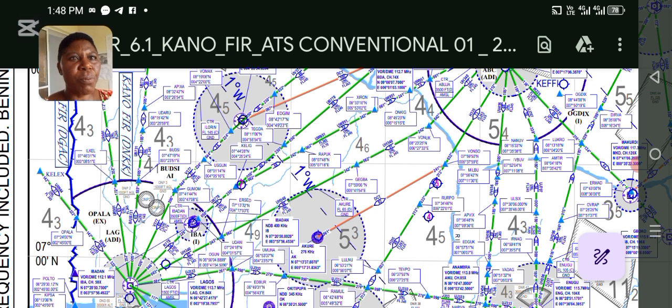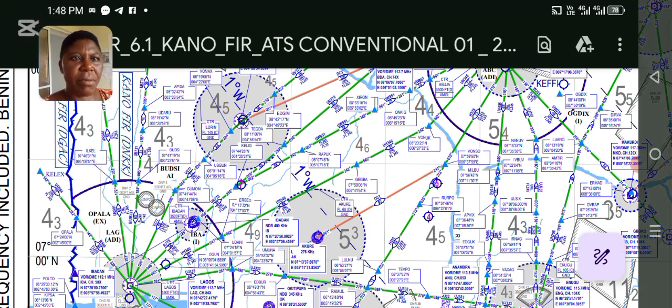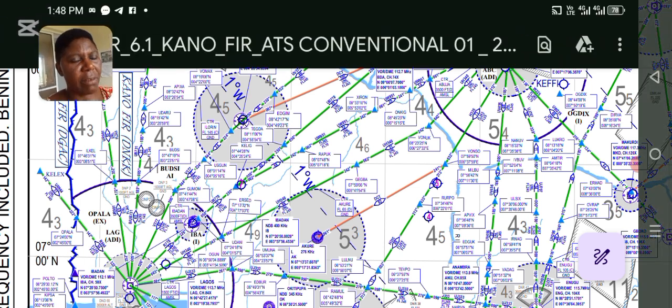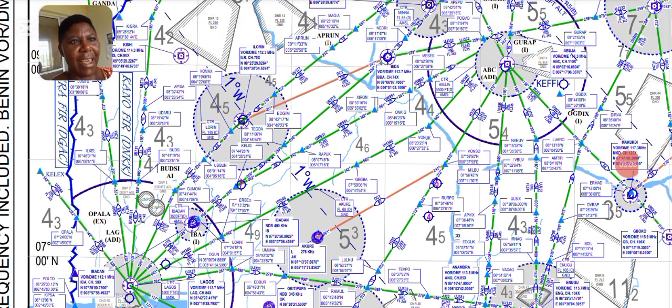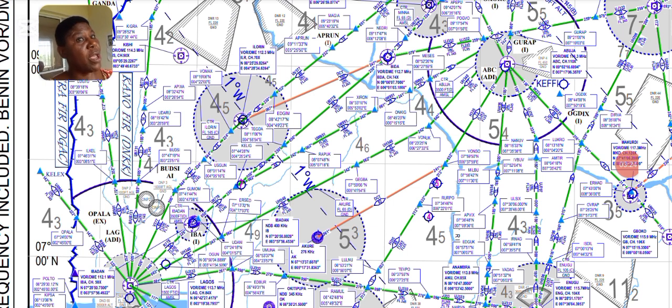So when the flight takes off from airport A and is moving towards its destination, at a particular place where airport A can no longer hear the pilot or the crew member, airport A will hand them over to airport B. Mind you, airport B may not be their destination.